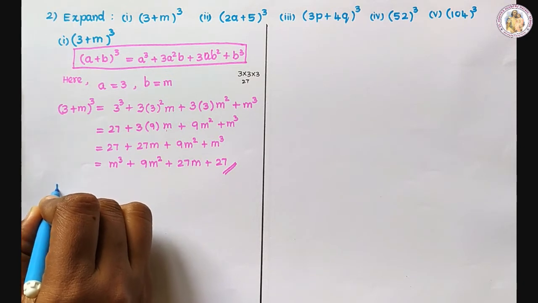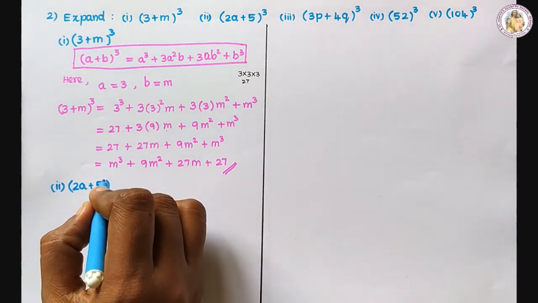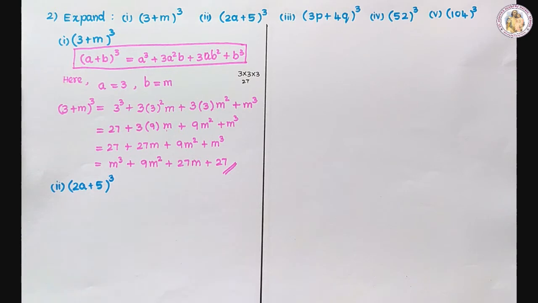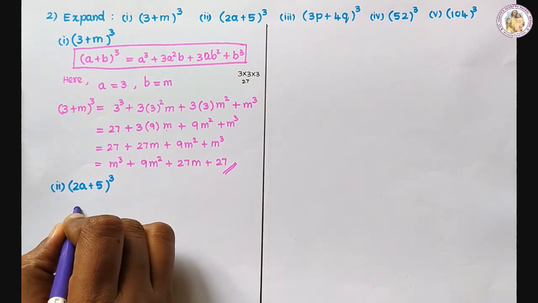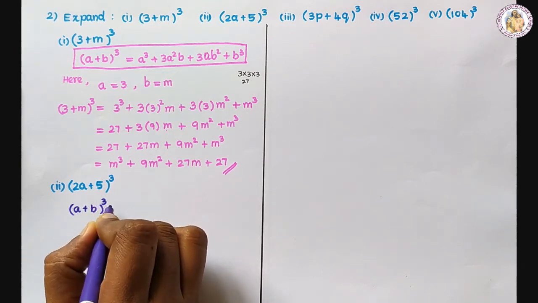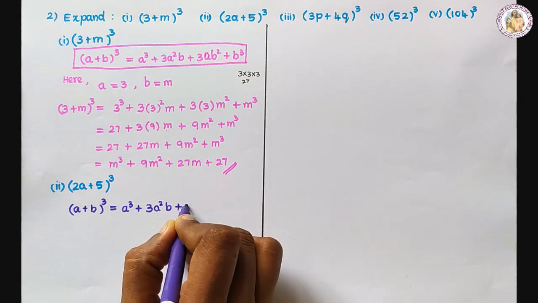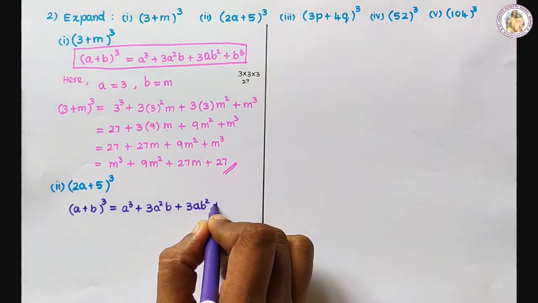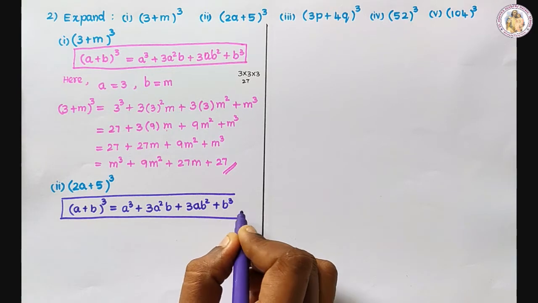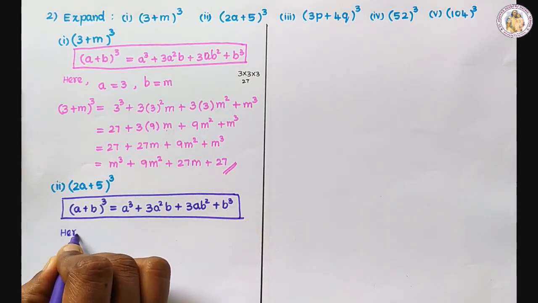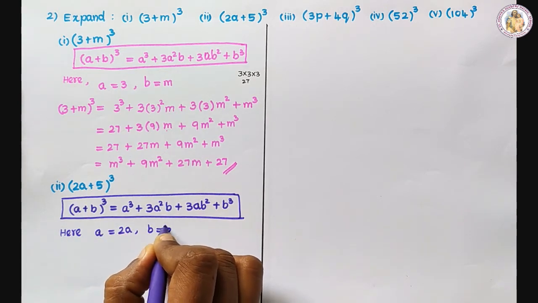Now second one, (2a plus 5) whole cube. So here also we have to use the formula (a plus b) whole cube equal to a cube plus 3a squared b plus 3ab squared plus b cube. Here a equal to 2a and b equal to 5.